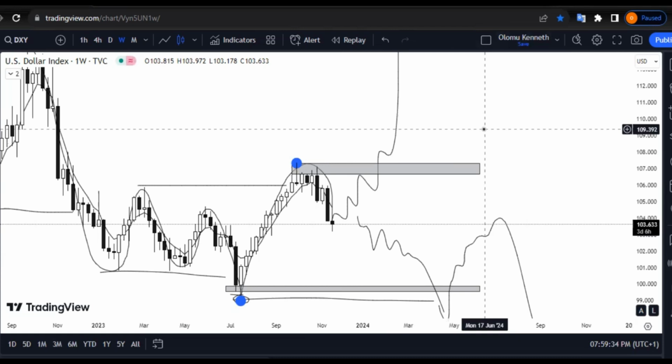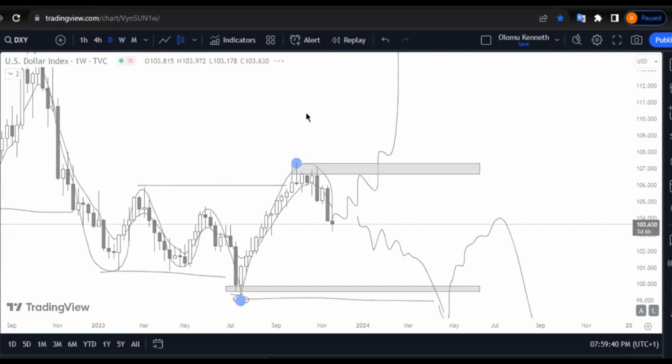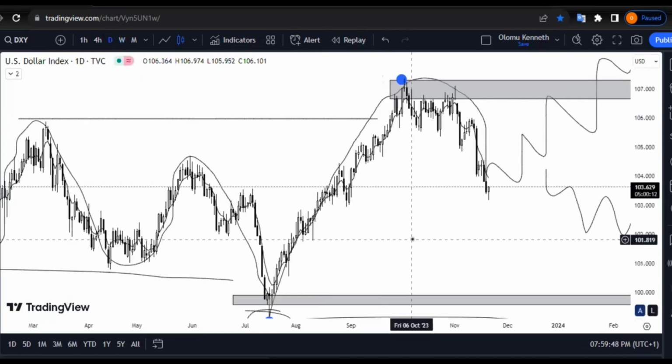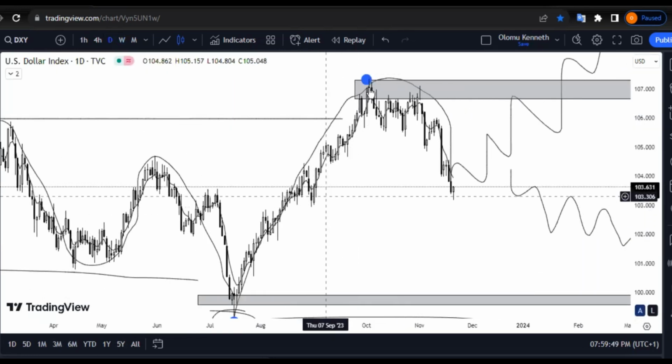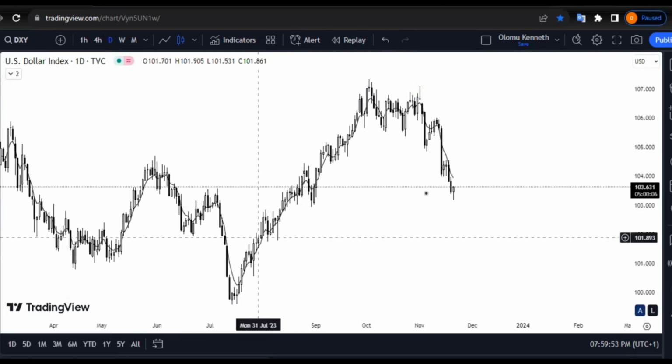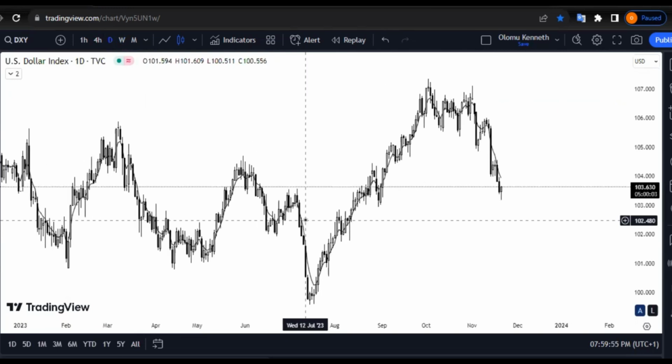So let's see what the daily is talking about. So this is our weekly range, but then we have our daily range of the market. Let's get rid of this. Okay. So let's look at the market now.